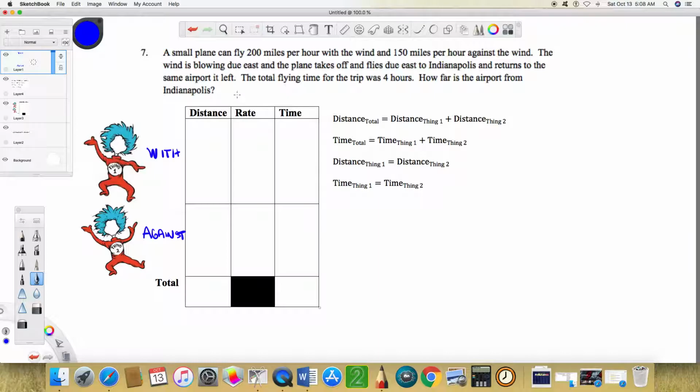So our rate is faster with the wind, and it's stated that it's 200 miles per hour with the wind. Now, when you're flying against the wind, it slows you down, and you're going 150 miles per hour. The total trip for the round trip was 4 hours.